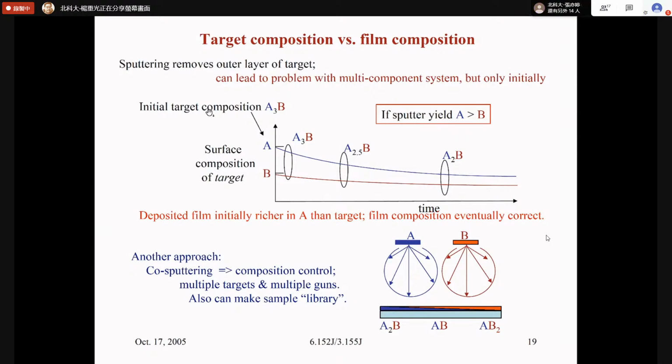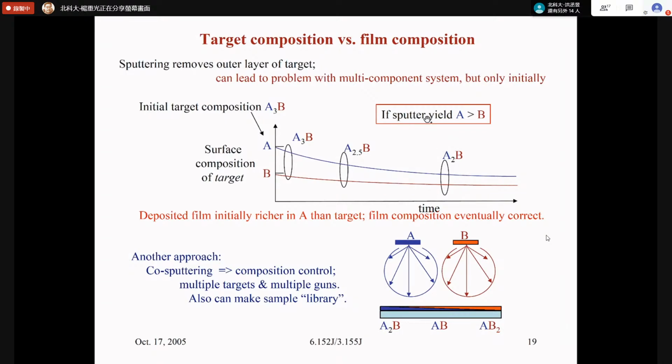So the initial target composition is A, B, and the surface composition of the target goes to A3B, A2.5B, and A2B. So you find that the surface composition of target A keeps decreasing.